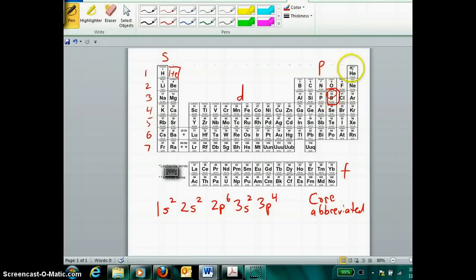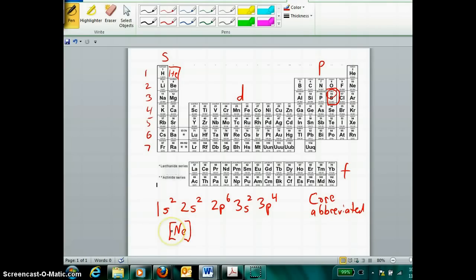And then you select the next lowest atomic number noble gas. Now, if I go looking at the noble gases for something with a number lower than 16, the next lowest would be 10, neon's atomic number. And I can shorten up this whole configuration by using square brackets and writing neon in the square brackets.